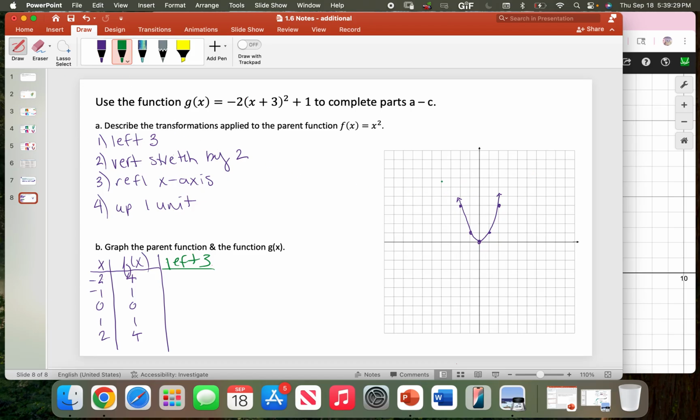We're going to move everything to the left 3, so we can just count 1, 2, 3. And that'll be the first transformation.